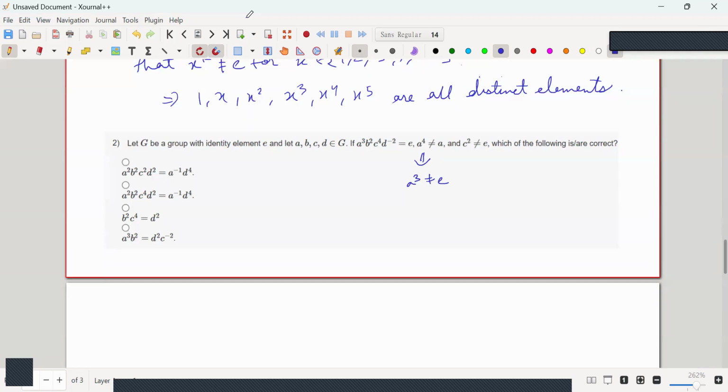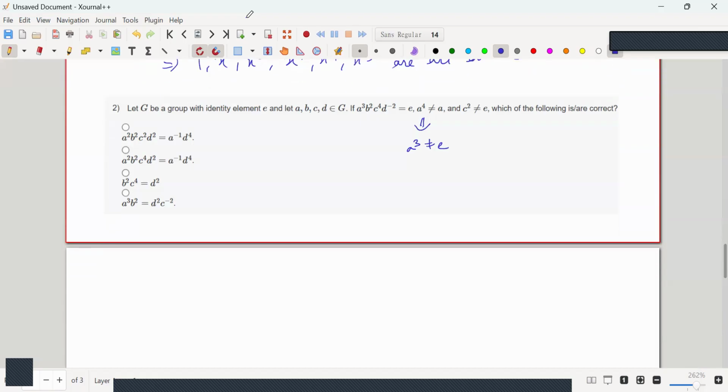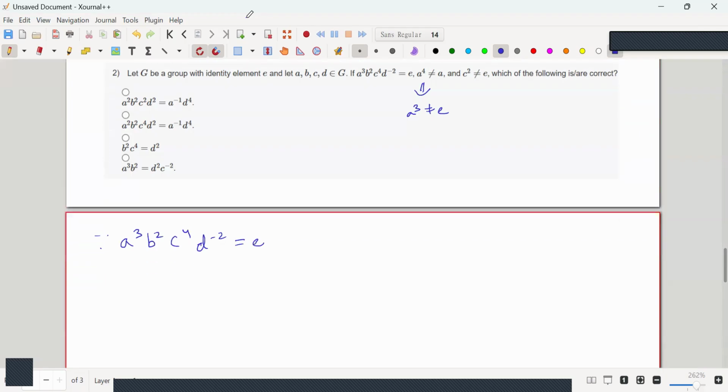So in the first one, it's saying A square, B square, C square, D square is A inverse D4. Since we have A cube, B square, C4, D minus 2 is identity, I will multiply A inverse both sides from left.